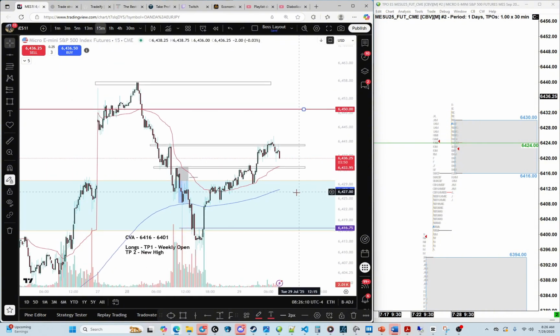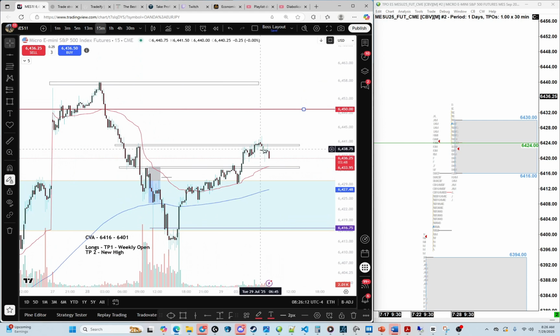Ultimately, what I'm looking for is if we get a good reaction anywhere in between here and the value area at 64.30, we can go long. And then if we break above this high and hold, we can target 64.50. Now for the downside scenario, we need to break this low and break it with volume.